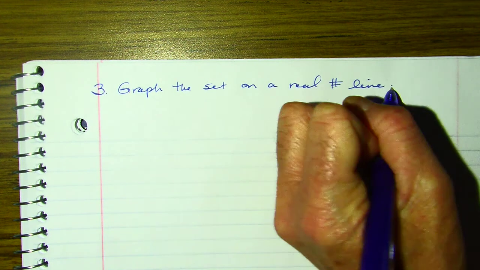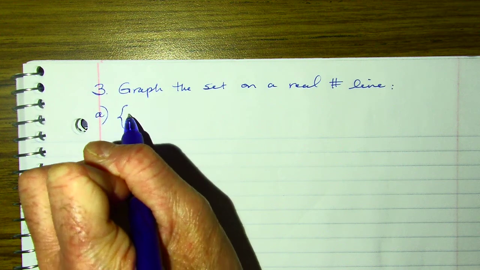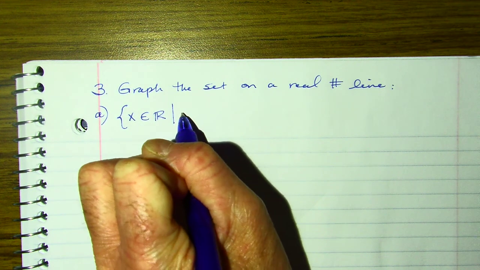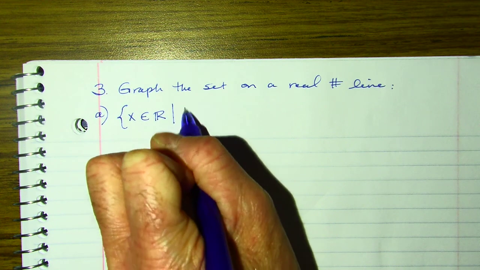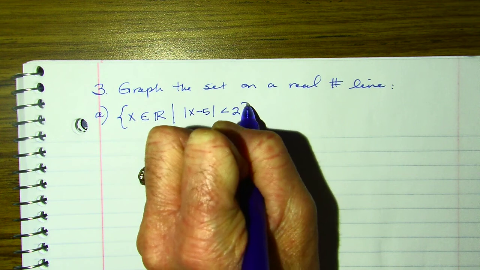And I'm going to do two parts. So part A, graph this set for x. X is the set of all real numbers such that, I'm going to give you an equation, okay? So that's a vertical bar such that x, the absolute value of x minus 5 is less than 2.